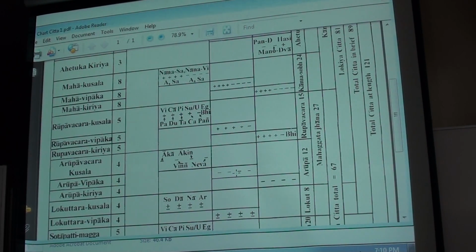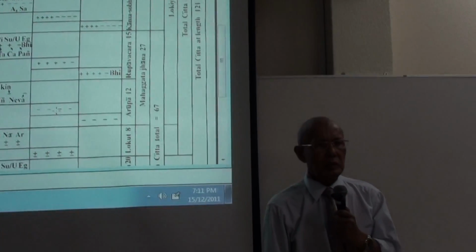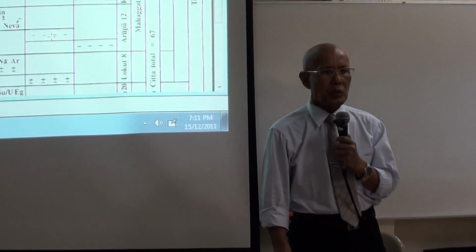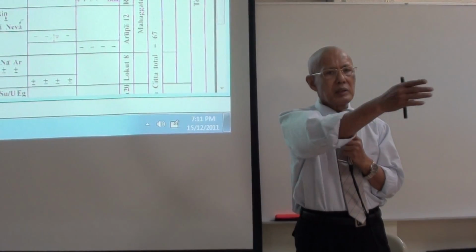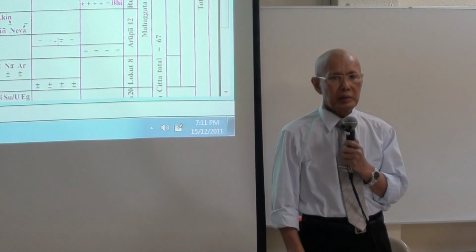Now, one thing we should know is, if you can develop this jhana, your mind becomes pure and it radiates very bright penetrative light. So with closed eyes, you can see everything in front of you, just like with open eyes.